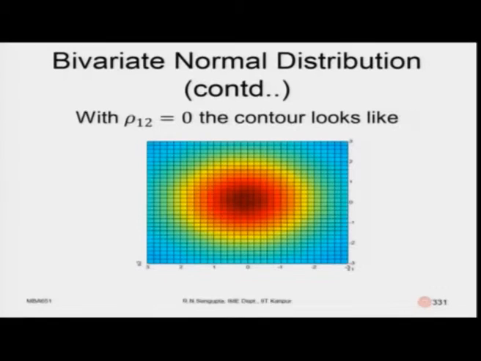So this is what is being highlighted. If I have the bivariate normal distribution with rho 1 2 or rho 2 1 equal to 0, they are symmetric. The hillock means you are looking from the top view, so concentric circles would be there, with more concentration of the values near the central line, if you put a vertical line down from where I am looking.